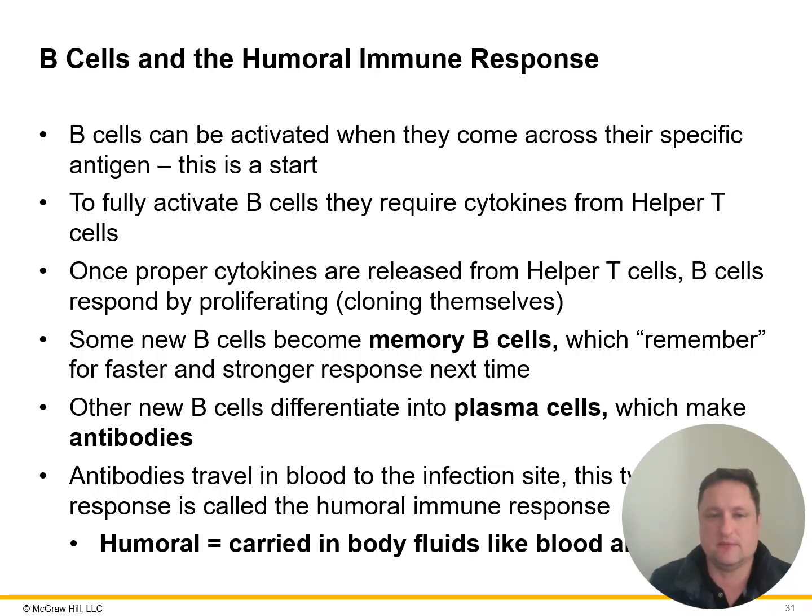Those antibodies then circulate in the blood and lymph, bind to the invader, neutralize toxins and viruses, and tag microbes so phagocytes can eliminate them. Because these antibodies travel in body fluids, this pathway is called the humoral immune response. Humoral meaning carried in fluid, like blood and lymph.